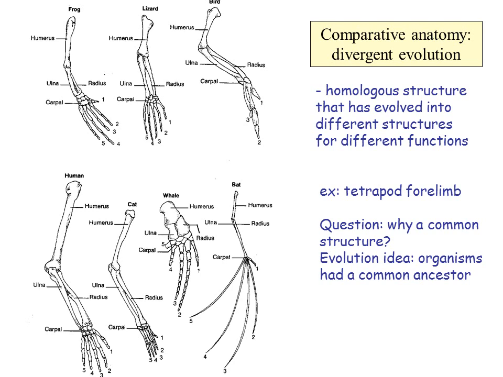So you'll see, for example, in the top row on this slide, we're looking at frog, lizard, and bird, and each of them has a humerus, an ulna, a radius, and then digits or carpal bones extending there at the end. At the bottom we see ourselves, the humans, cat, whale, bat, and all of these organisms share a similar bone structure.